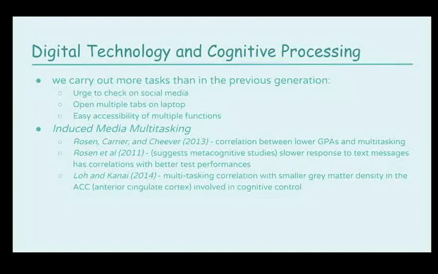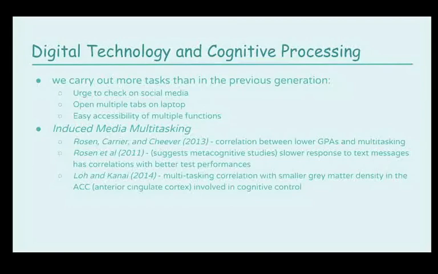Loh and Kanai in 2014 did a brain scan and found that multitasking correlates in the brain with the ACC, or anterior cingulate cortex, in cognitive control.